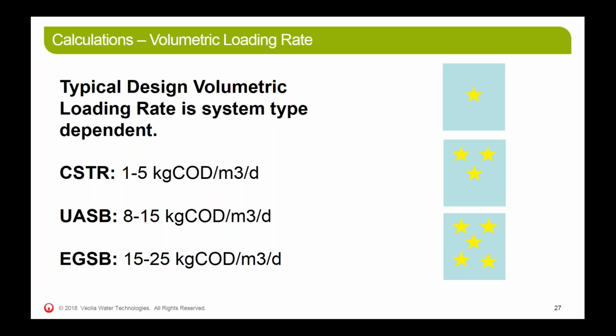And this is all in kilograms of COD per meter cubed of reactor per day. So the UASB, a higher rate system, typically we load them in the 8 to 12 range. They can spike up to 15. And the EGSB systems can typically be loaded at the range of 15 to 20 with spikes up to 25.